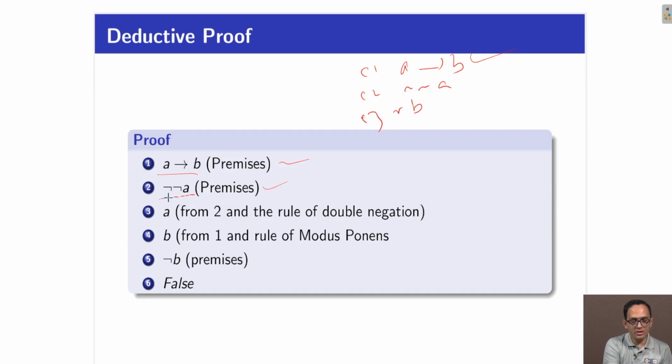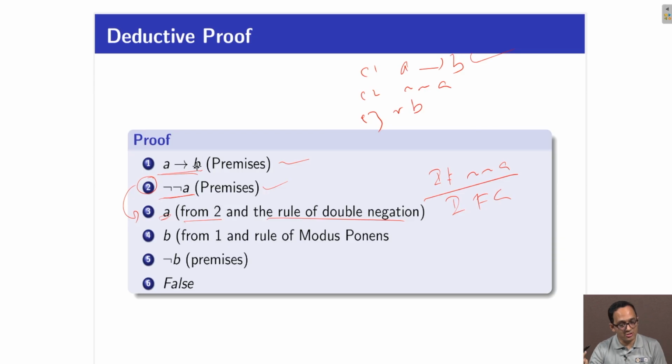Now, here I can use the double negation rule, which is, if I satisfy not A, it means I satisfy A. So, from here I can say A is true, right, from number 2 and the rule of double negation. Now, I have A is true and A implies B is true.